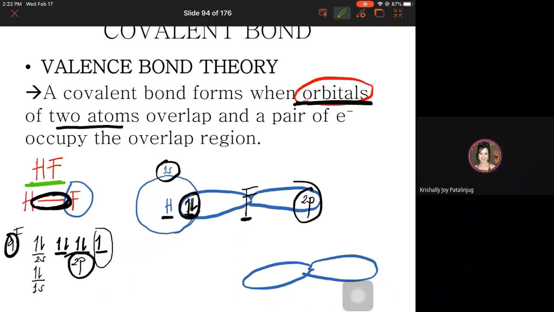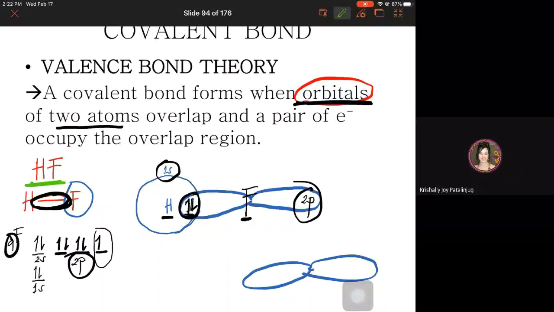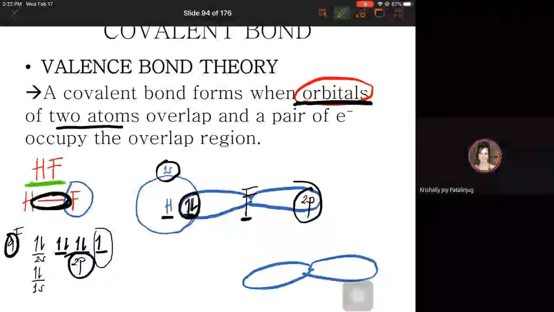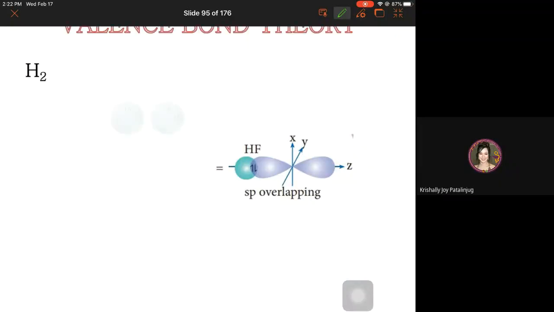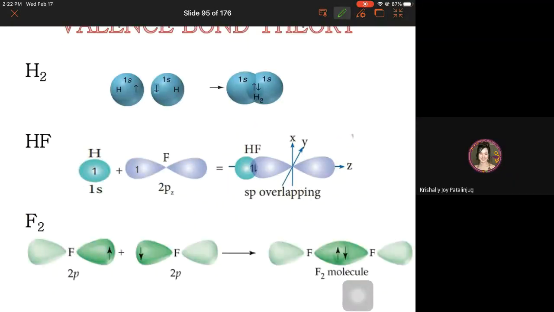But how do we account for the formation of covalent bonds kapag yung molecule meron ng central atom? Okay? And how do we account for the shape of the molecule from the orientation of the atomic orbitals? Okay? So let's try to answer that based on the molecule of methane.